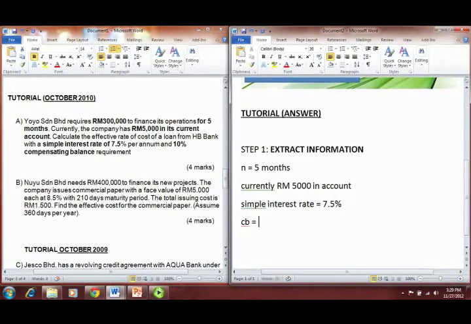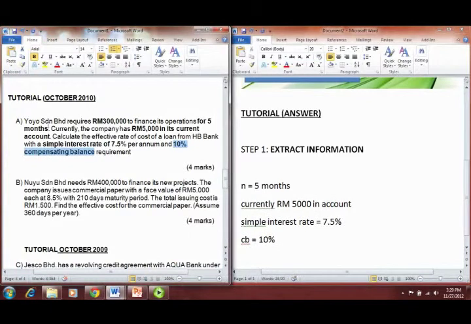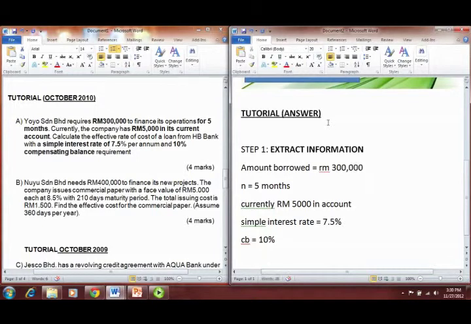Compensating balance we call CB, equals 10%. As I told you class, Yoyo Sendirian Berhad requires 300,000, so that is your amount borrowed. Amount borrowed is RM 300,000.